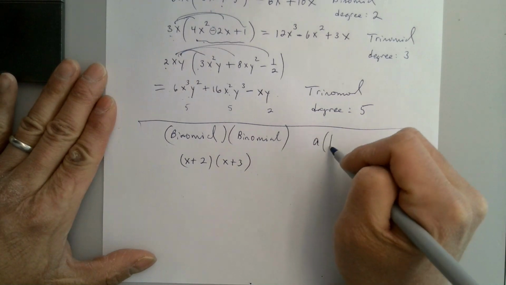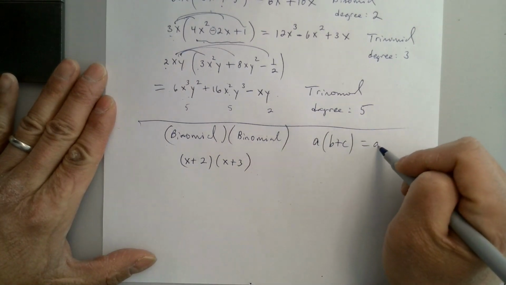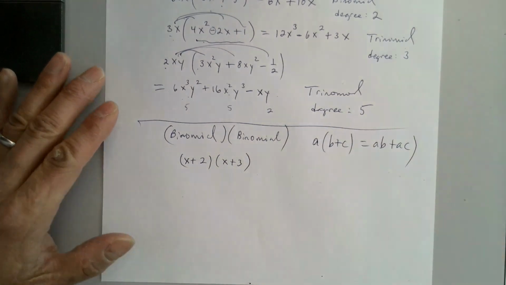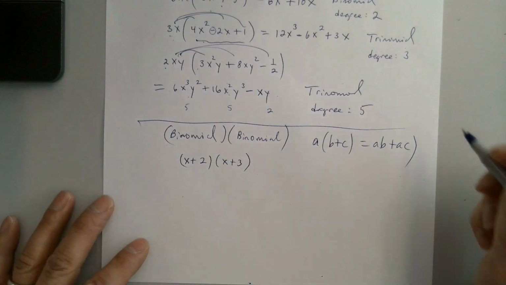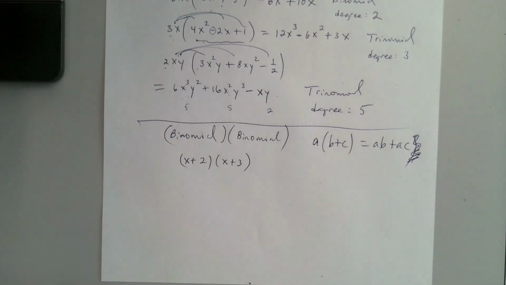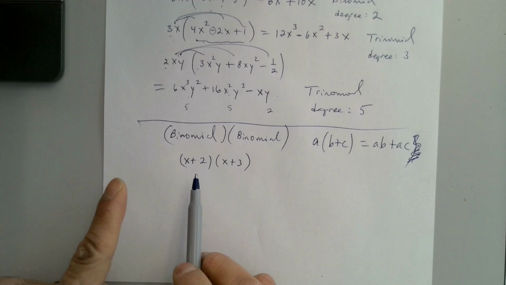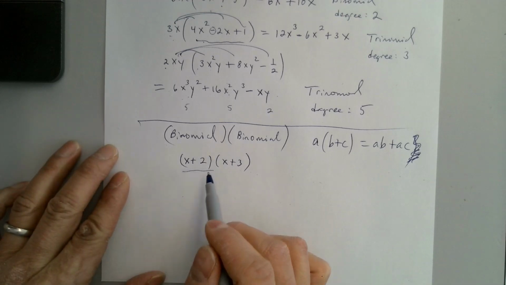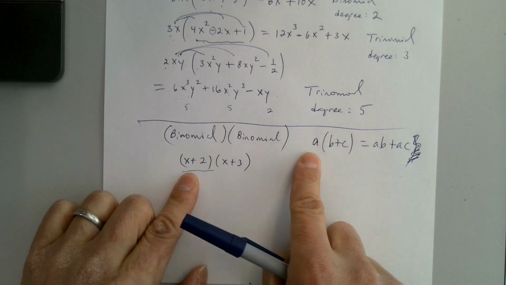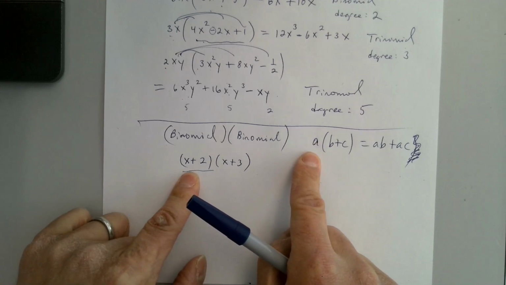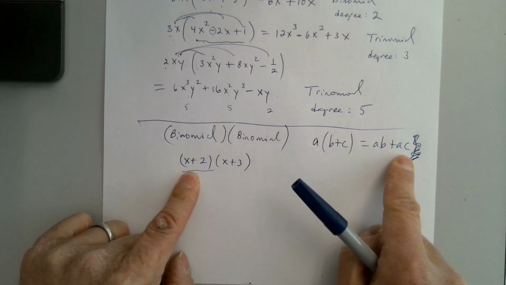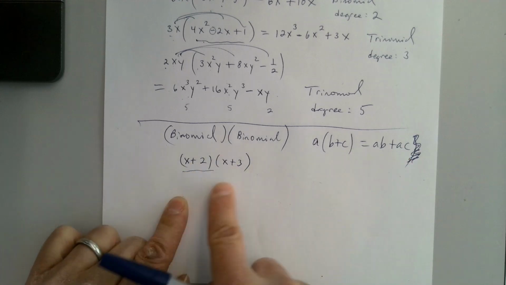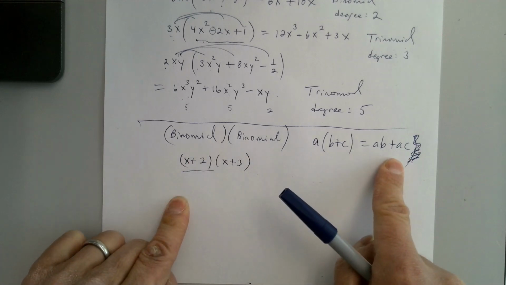And I'm going to write down our distributive property here. Okay, so what I want you to do here is picture x plus 2 as a. And then use the distributive property to make this expression behave like that.